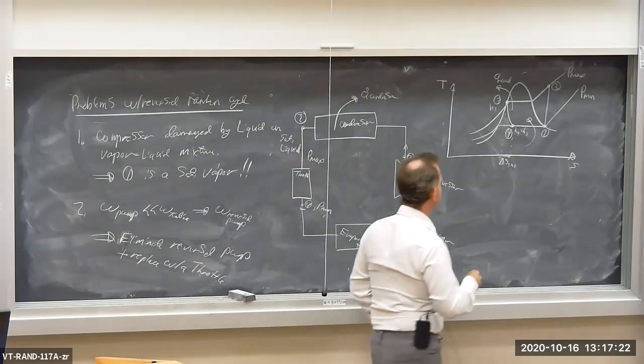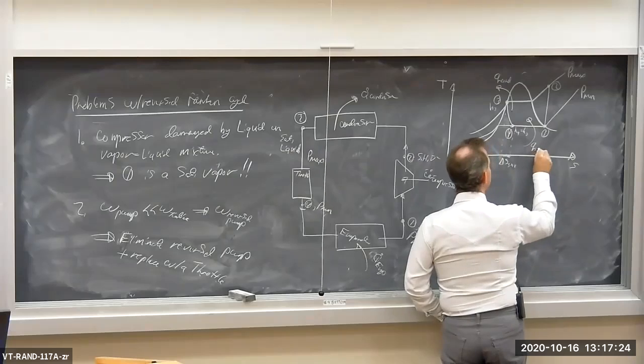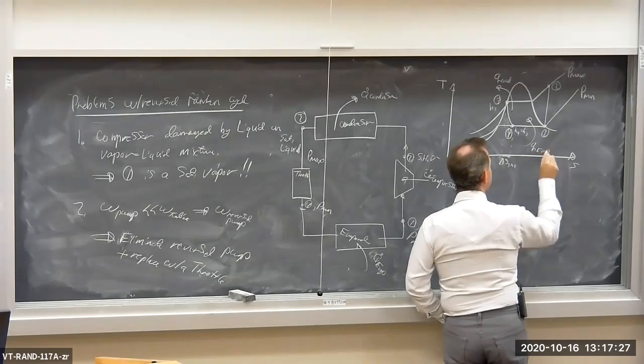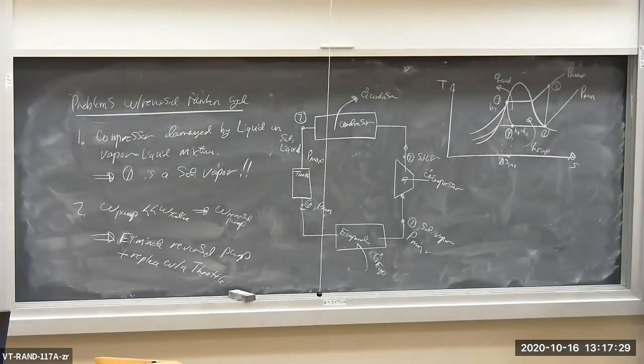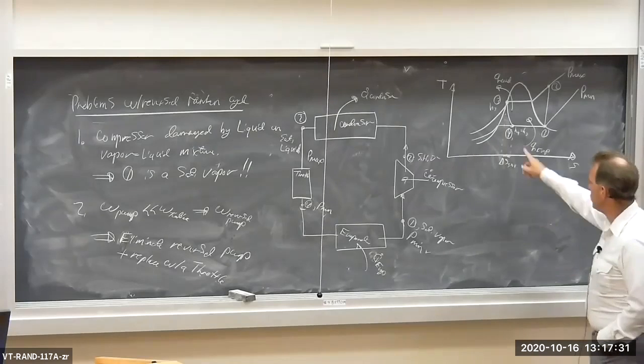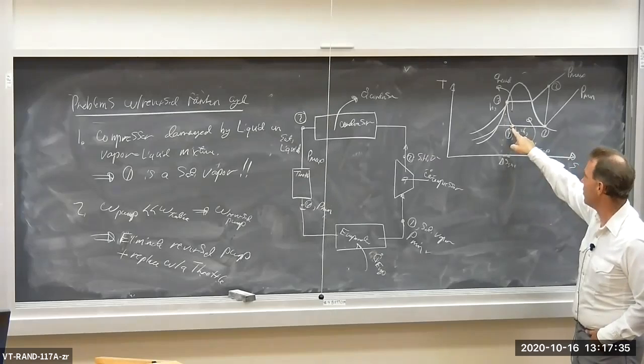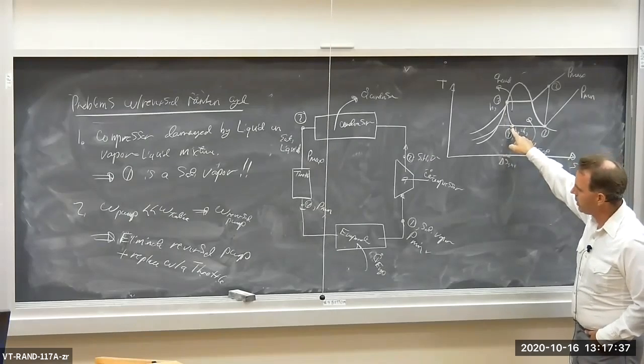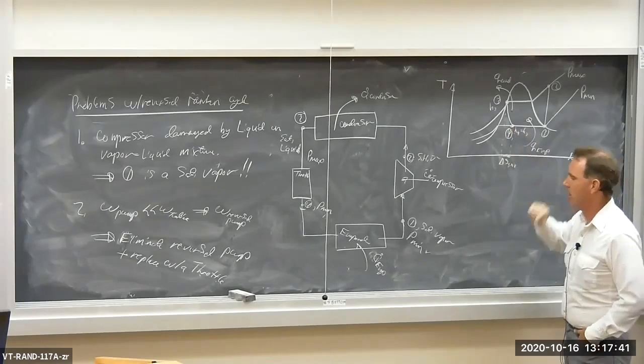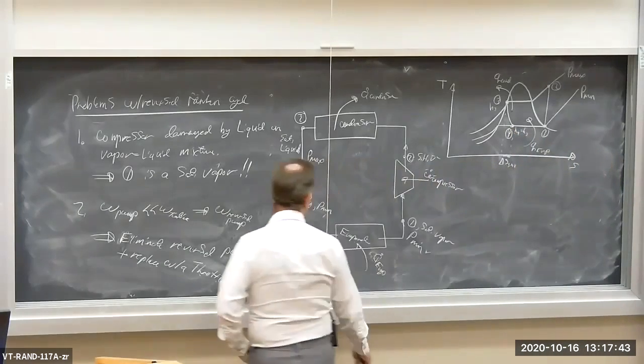Evaporator heat addition. This is where our heat goes in. You can see here that if we have a saturated liquid at the maximum pressure, the working fluid going into the evaporator will be a mixture of vapor and liquid. So it's going to have some quality at state 4.